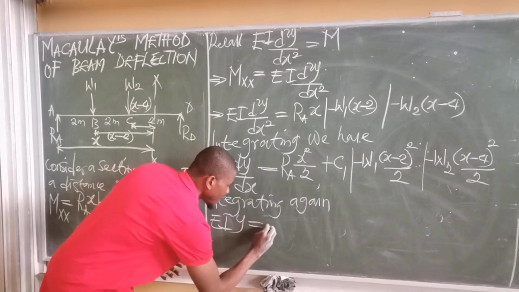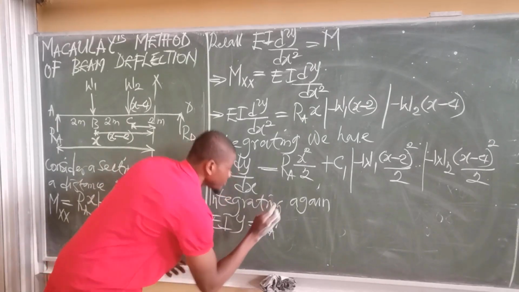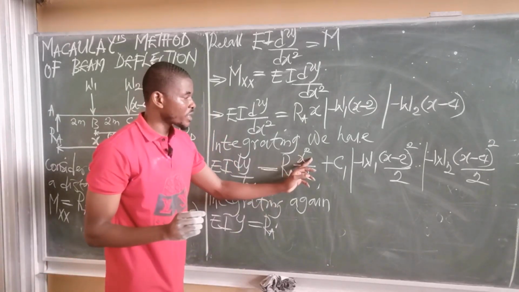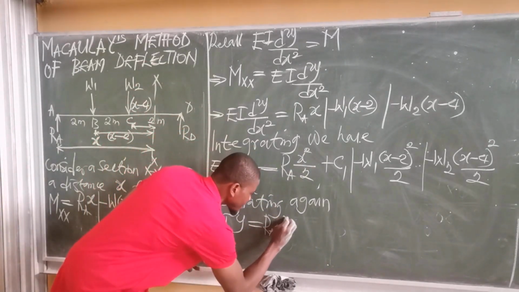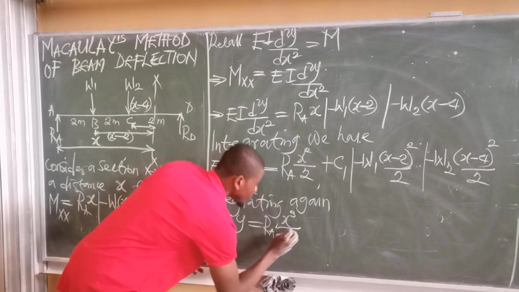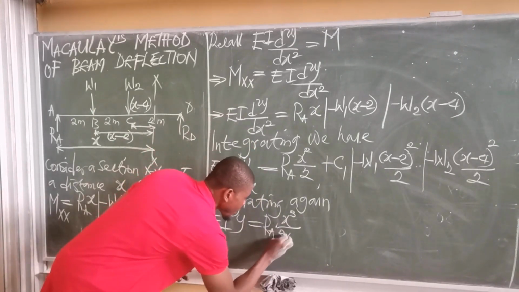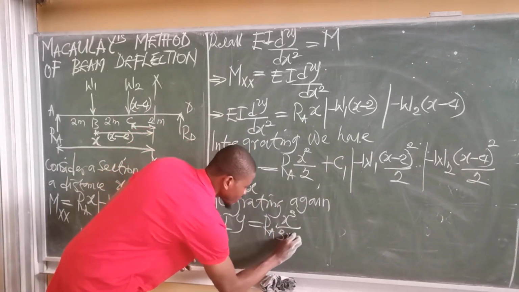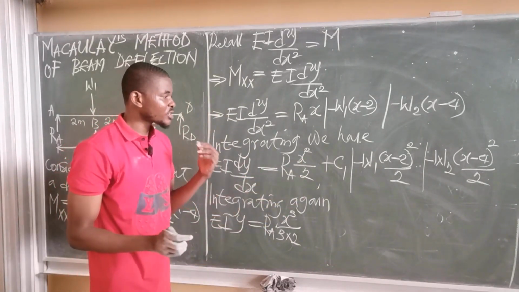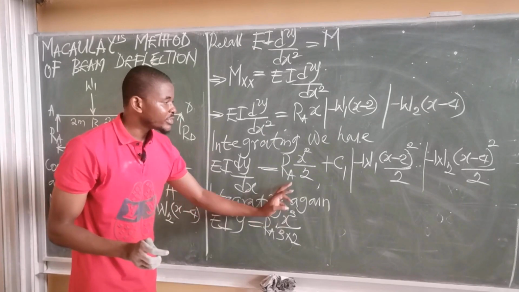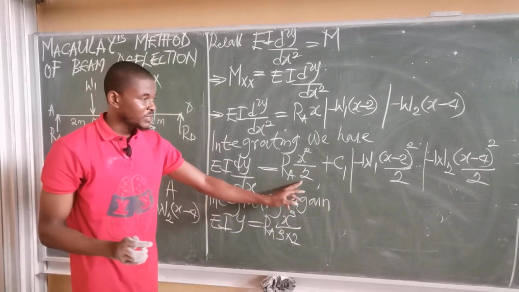So this is simply Ra times, now remember, if I integrate x squared, I will simply have x cubed all over 3. But remember, we have 2 there already, so if I integrate x squared, I will simply have x cubed all over 3 times the 2 I already have under there. So that gives me that.